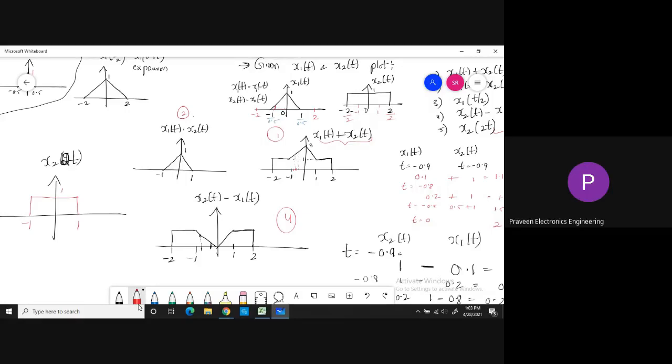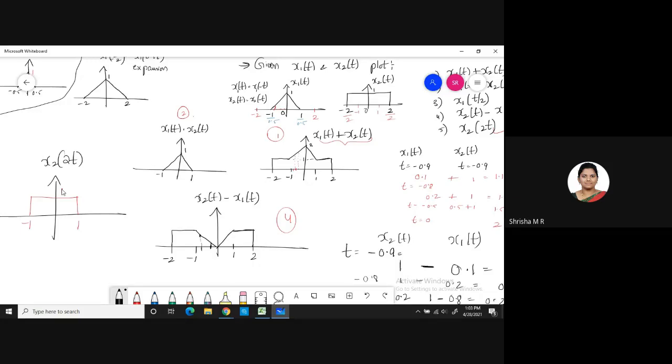If you scale t with an integer, the signal will compress. If you scale t with a fraction, the signal will expand. So x2 of t exists from minus 2 to plus 2 with an amplitude 1. If I scale it with the integer 2 and divide minus 2 by 2 and plus 2 by 2, the signal will exist from minus 1 to plus 1. So what has happened? My signal has compressed. Correct?